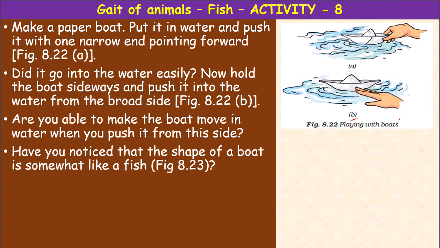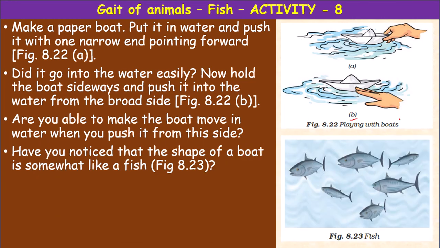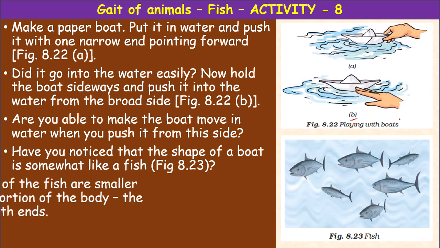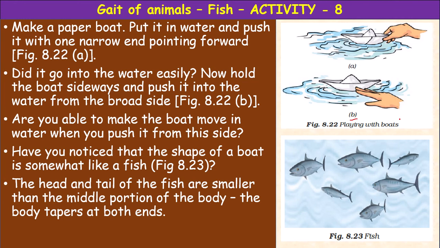Have you noticed that the shape of the boat is somewhat like a fish? You can see the fish and boat, you can compare, they are slightly similar. The head and the tail of the fish are smaller than the middle portion of the body.